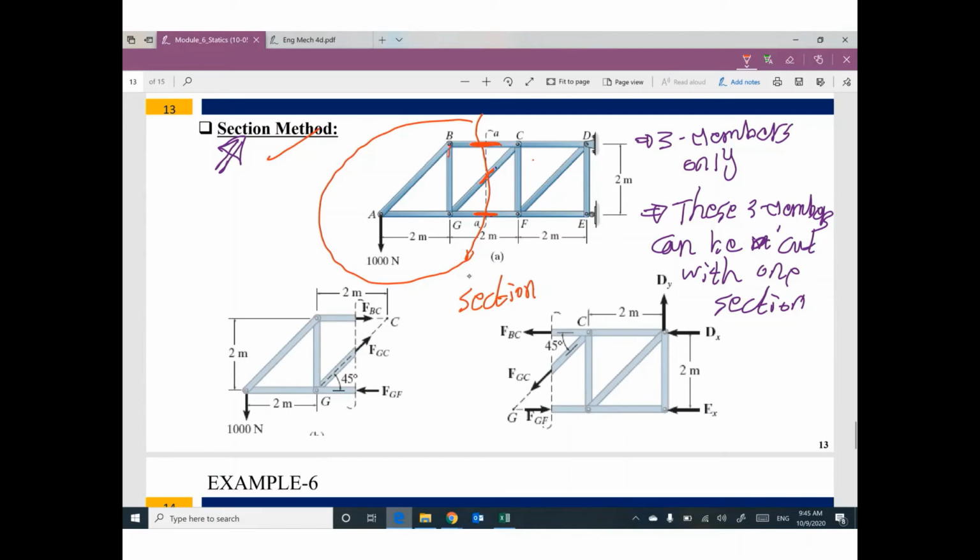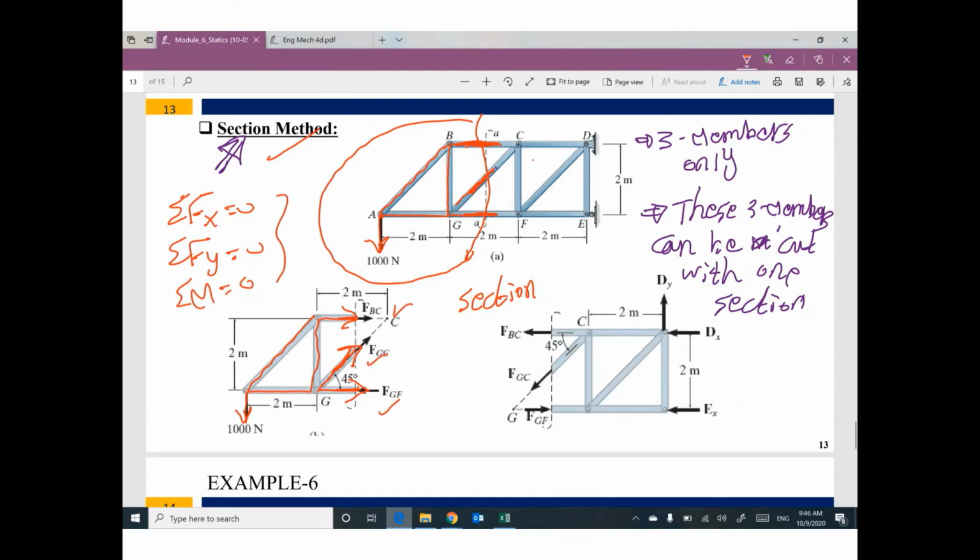I didn't cut anything for these members, so I'm going to draw them as they are. We have a vertical force here. I cut this member, so I have a force. I cut this member, so I have a force. I cut this member, so I have a force. So we have 3 forces. We have 3 equilibrium equations: summation of F_x equals 0, summation of F_y equals 0, summation of moment at any point equals 0. I can figure them out.